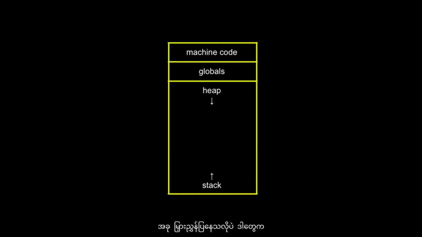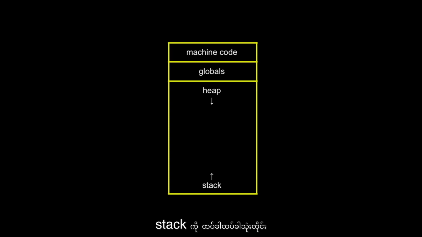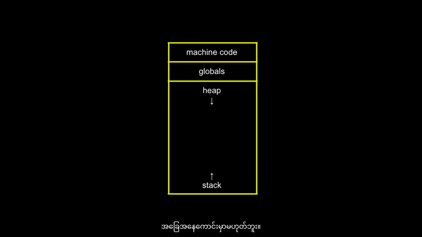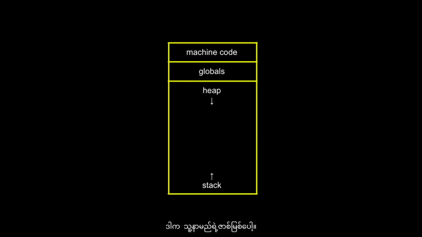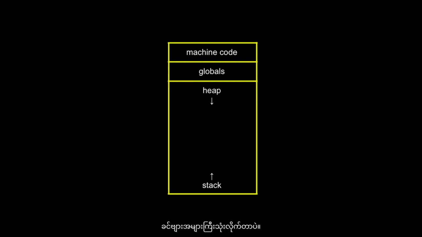Now, as the arrow suggests, this looks like a problem waiting to happen, because if you use more and more heap and more stack, it's like two things barreling down the tracks at one another. This does not end well. If you've ever heard the phrase Stack Overflow or used the website, this is the origin of its name. When you use more and more memory by calling lots of functions or using lots of local variables, you use a lot of stack memory.